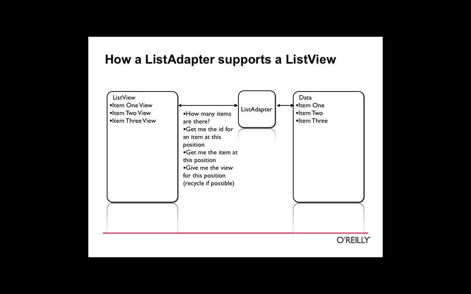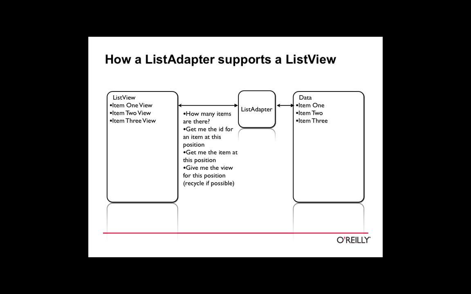So the list view needs to know how many items there are in the list, and so to figure that out, it asks the adapter. The list view sometimes needs to uniquely identify each item in the list, so the list adapter is also responsible for helping the list view do that by providing an API to get the ID for each specific item in the list.